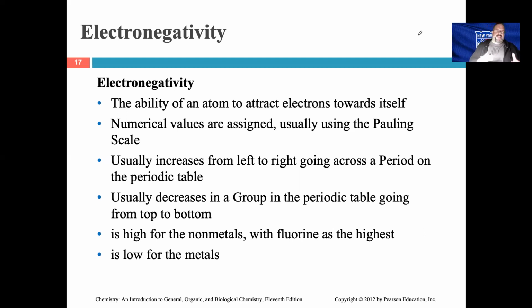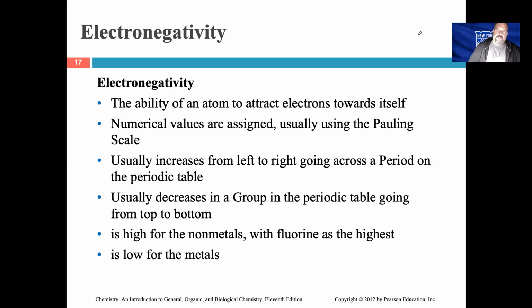The idea of being able to gain valence electrons really speaks to having a high attraction for electrons, because if you're going to want to gain electrons, you're going to want electrons to be attracted to you. So it makes sense in my mind why nonmetals should have high electronegativities. Yes, they share, but we've also seen them gain. And if you want to gain, you should have a high attraction for those electrons. As I mentioned, fluorine is the element in the periodic table that has the highest electronegativity.